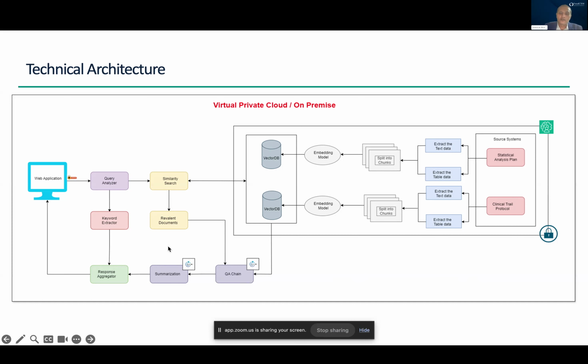Then what is the outcome? We'll get a summarization. At the same time, we are also using a keyword extractor from the query, and we are giving a response, which is basically summarization plus keyword result plus relevant results. So there are multiple things that you can do. Ultimately, the response is again validated for security reasons.